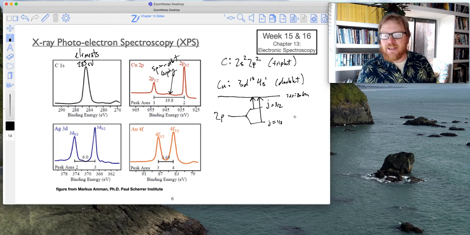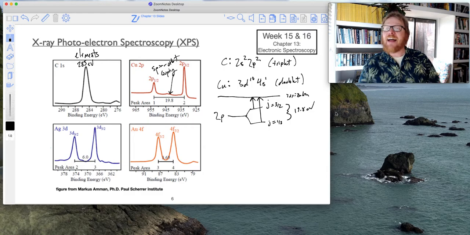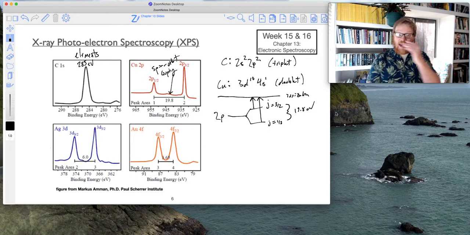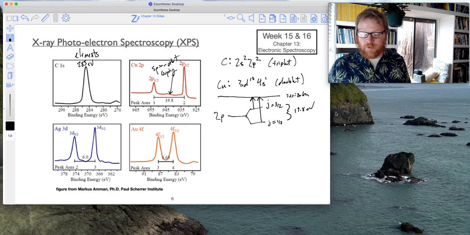From the XPS technique, we can calculate that this spin orbit coupling constant, in other words the difference between these energy levels for copper, is 19.8 electron volts. And that's a big difference, that 19.8 eV.